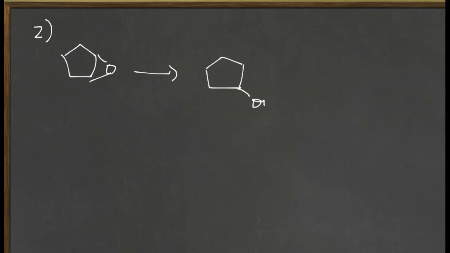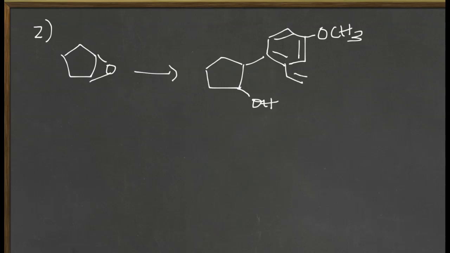All right, problem number 2. Fill in the missing information. Well, we've got an epoxide, and we're going to go from the epoxide to this alcohol, where this whole big chunk of carbon has been added. And that chunk of carbon looks like this.